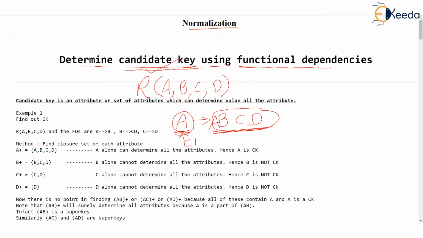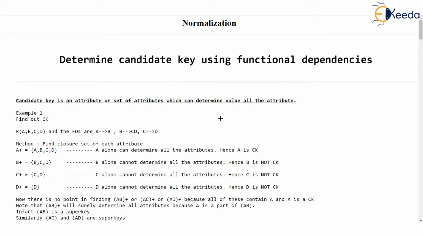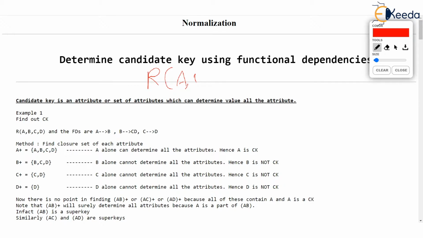It is not necessary that the candidate key will be a single attribute. It can happen, for instance, that we have got a table, let's say R again, having 5 columns, A, B, C, D, E, 5 attributes, and we have a dependency like this.